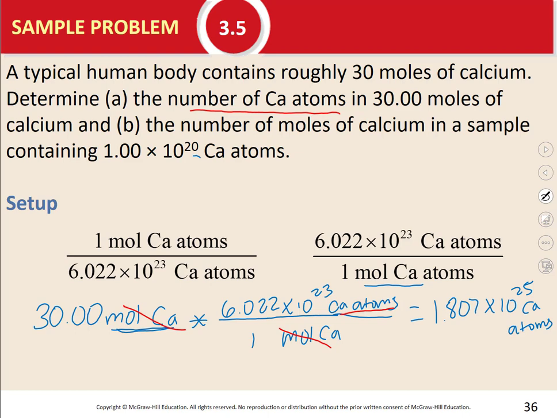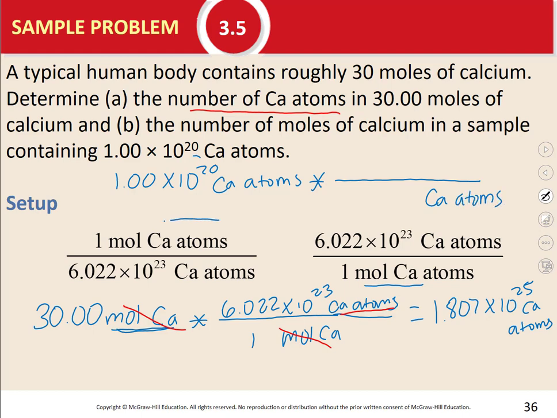All right, so in this case, now I'm starting with 10 to the 20 calcium atoms. So I'm going to multiply by a factor that has calcium atoms on the bottom so that that unit cancels. Which means now I'm looking at this factor.